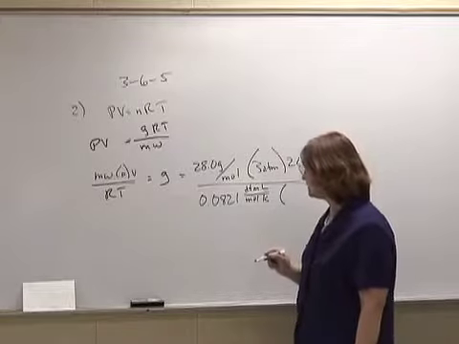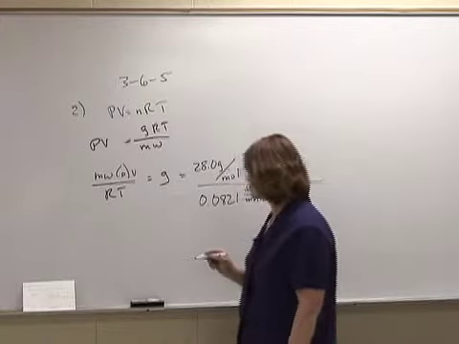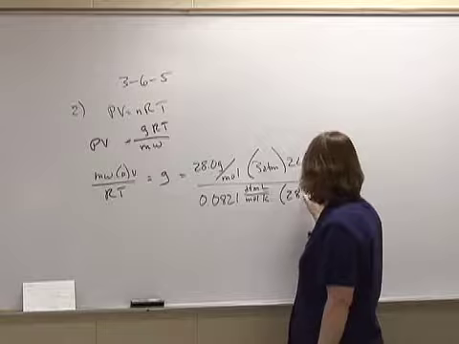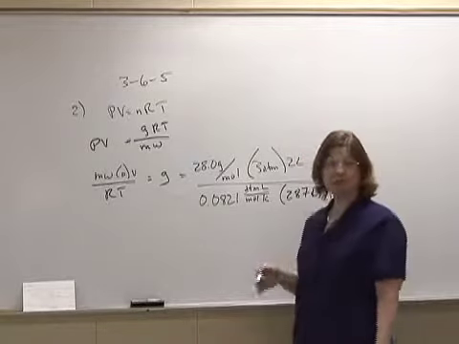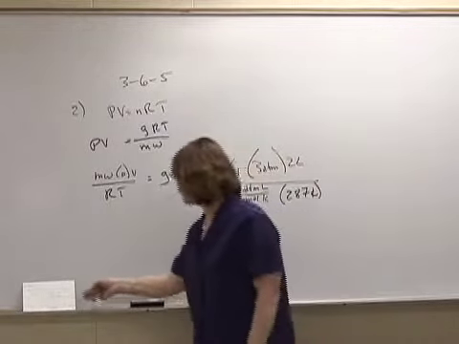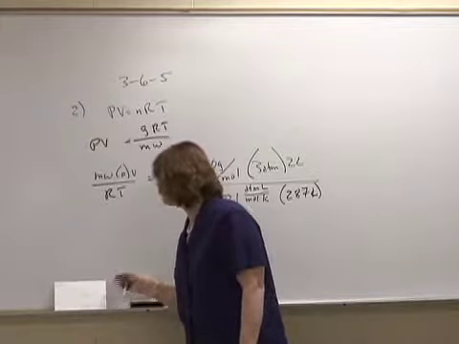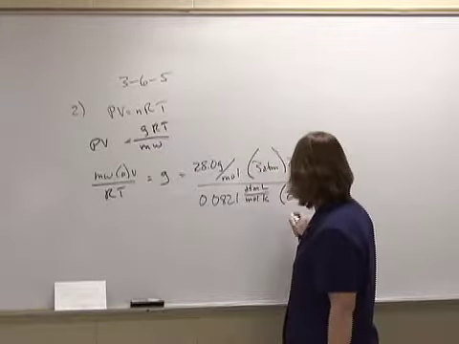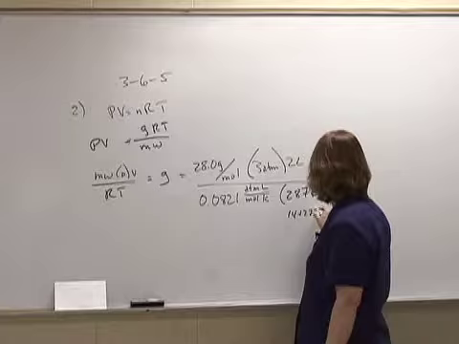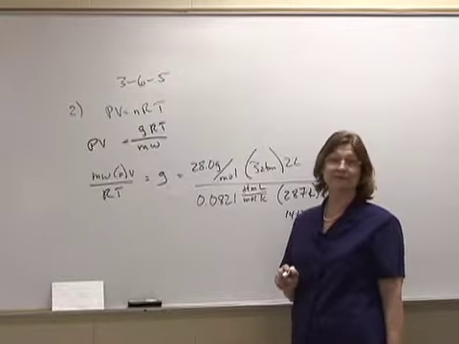And then I have to multiply by the temperature, and that would be 287 Kelvin. Now, you were given 14 degrees Celsius in the problem, so 14 plus 273 will give me my 287.